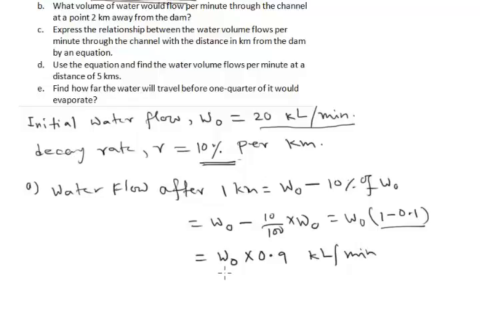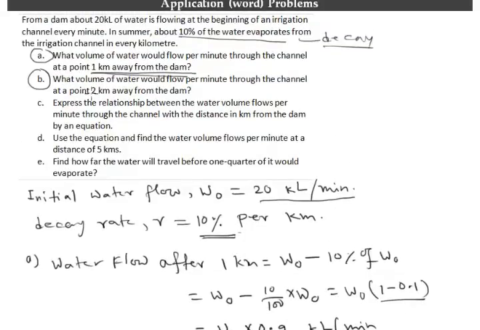Now since W naught is 20 kiloliter per minute, if we put that value, it will be 20 times 0.9, which is 18 kiloliter per minute. So the flow rate after 1 kilometer at the channel is 18 kiloliter per minute.